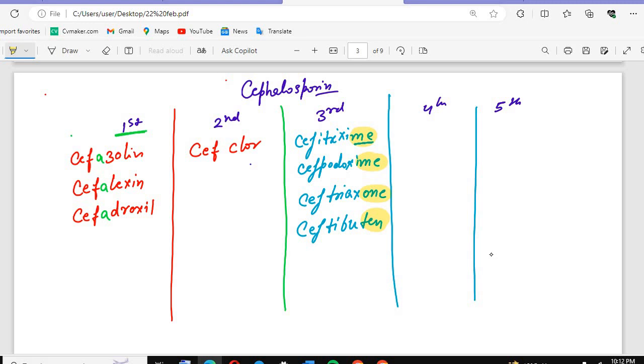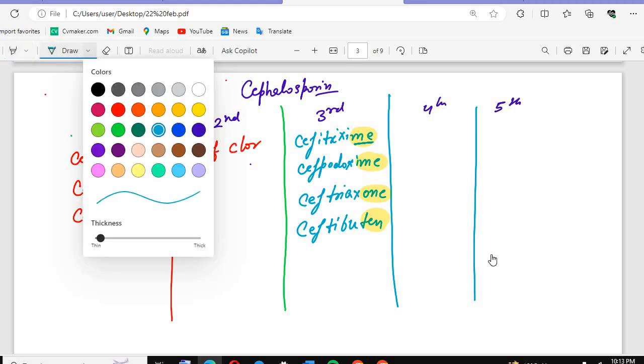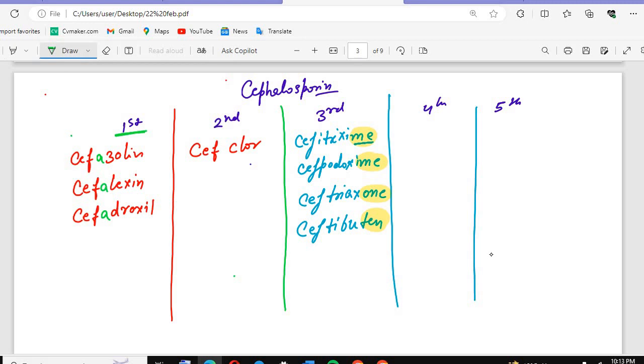And one more drug you can remember is moxalactam.